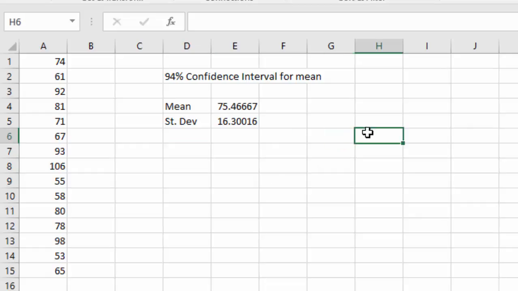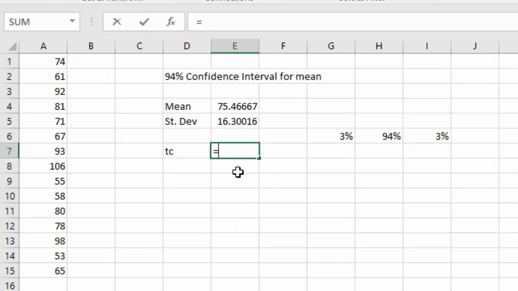Now again, just like before, we've got 94% of the data in the middle. There's 6% of the data to be split between the two sides, so there's going to be 3% on each side, which means when we try to find our critical t-value, cumulative to the left, we've got 97% we're going for. 3 plus 94. So we'll hit equals.